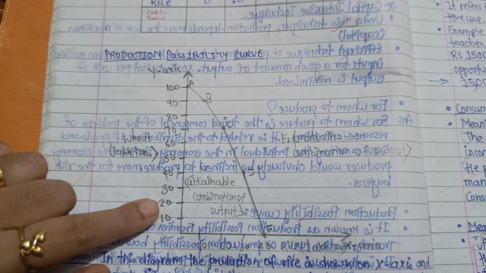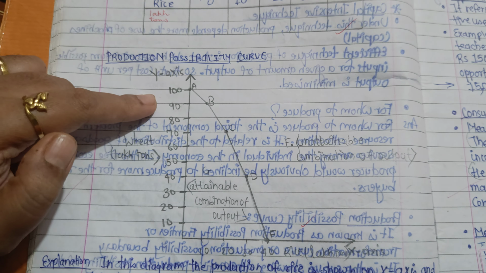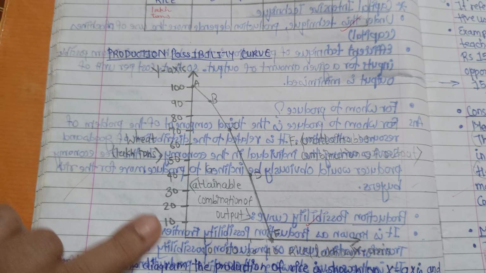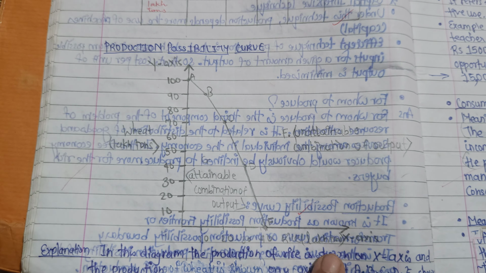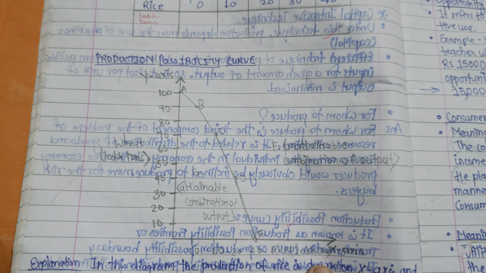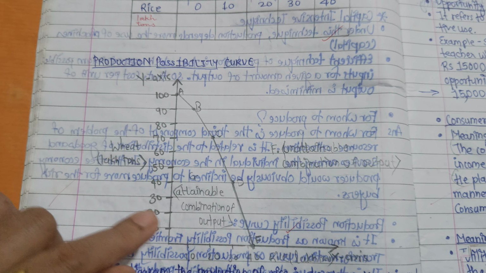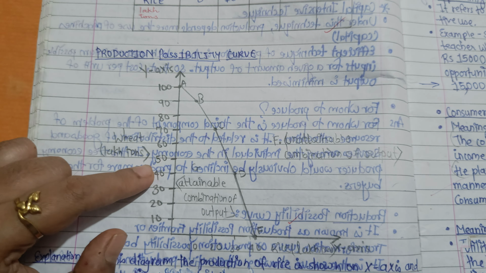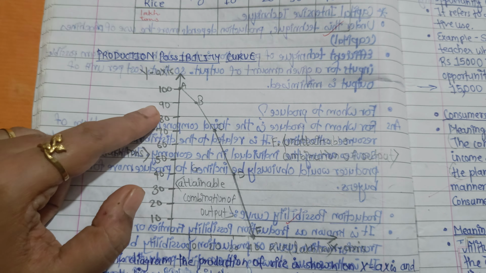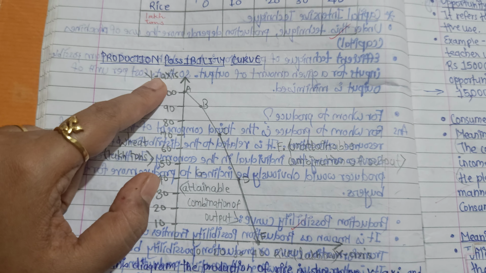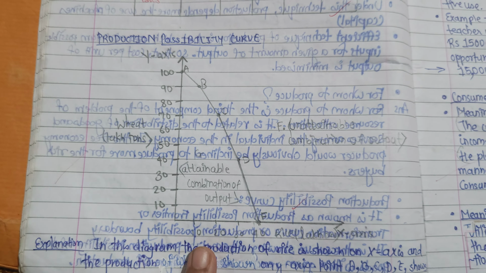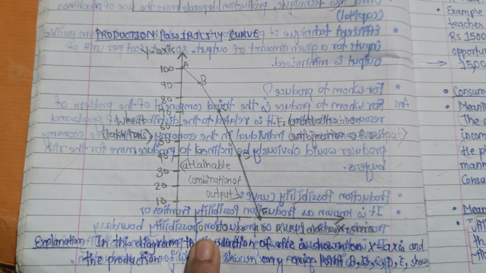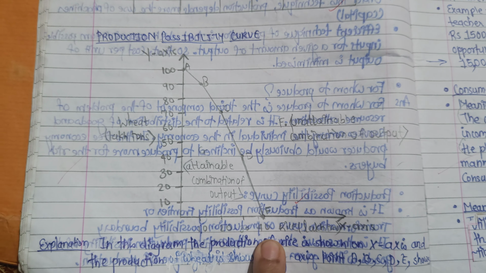You have wheat measured in lakh tons on the y-axis, and on the x-axis you have rice in lakh tons. The scale is taken 10, 20, 30, 40, 50, 60, 70, 80, 90, 100. Similarly, here the scale is taken 10, 20, 30, 40.